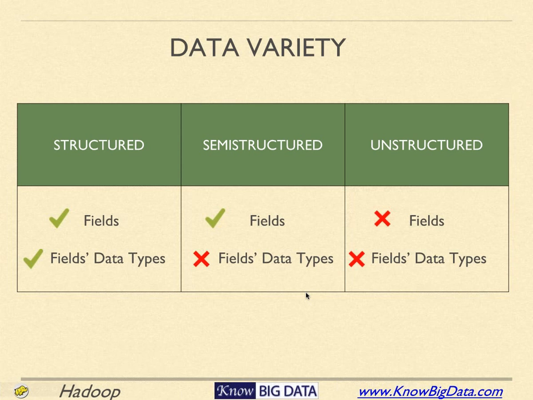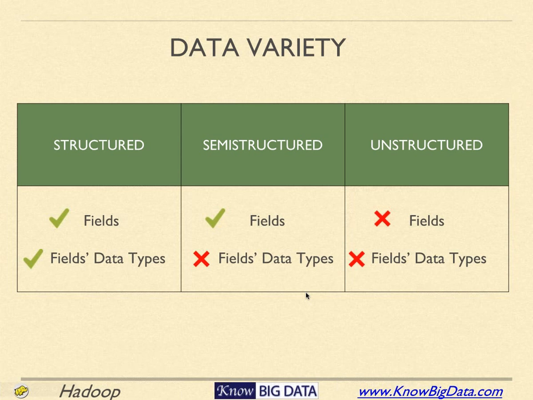In a JSON structure, you know clearly that these are the fields in the object and these are the data types of that object. So both of these examples, the JSON as well as the database, are structured data.